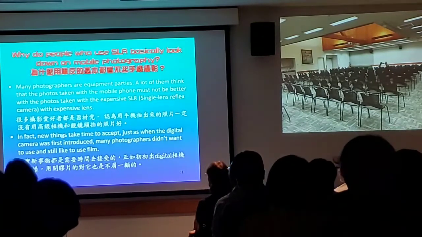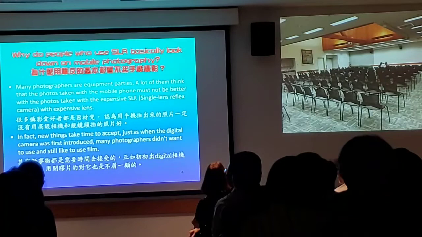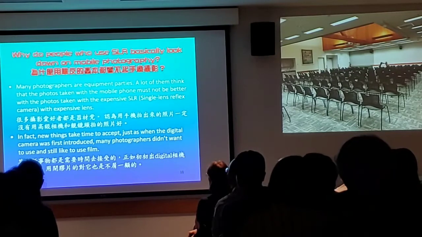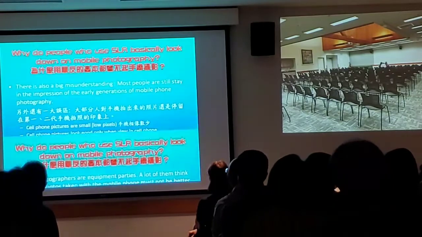My pictures are much better than yours. And it's also like the old timer. When you have new stuff coming in, it takes time for people to learn, to use, to adapt. Just like in the beginning when we had digital cameras, the people who used film always refused to use digital cameras.